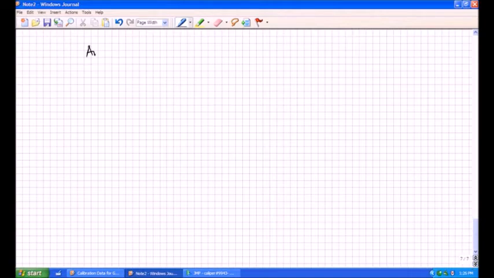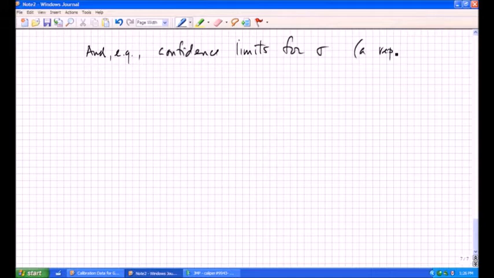So for example, confidence limits for sigma, which is really a repeatability standard deviation, are, well, I can take this 0.031453 and I can hedge it.